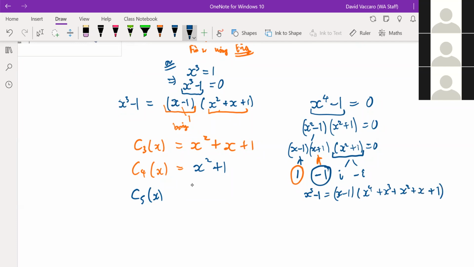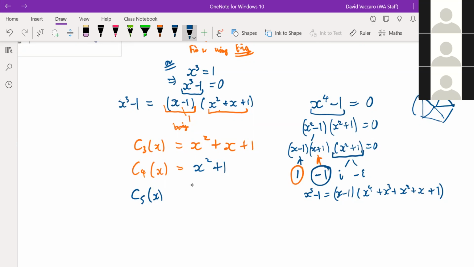But for fifth powers, all of the roots are primitive, because we get a pentagon of roots. This first one, if we square it, we get to the second one.